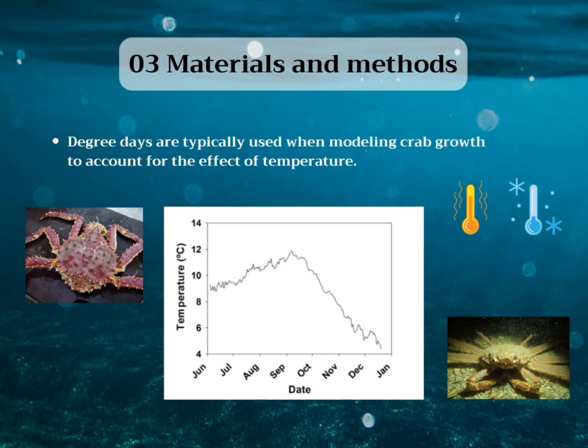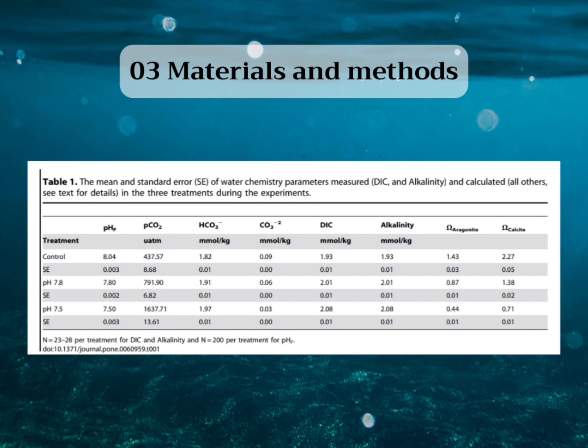The average daily standard deviation, not shown, was 0.1 degrees Celsius. Table 1 presents the mean and standard error of water chemistry parameters, measured pH and alkalinity, and calculated others. See text for details.